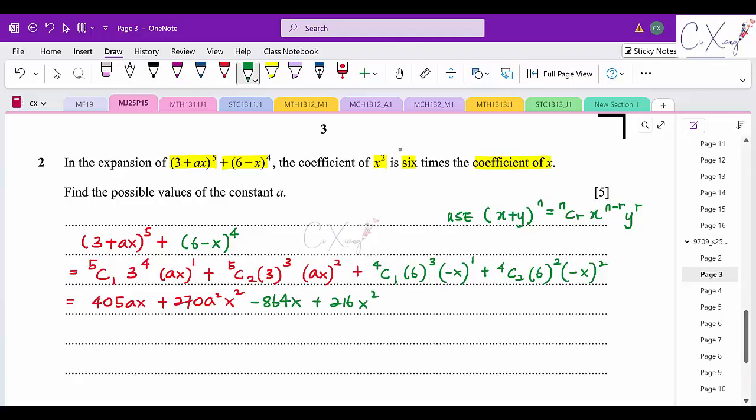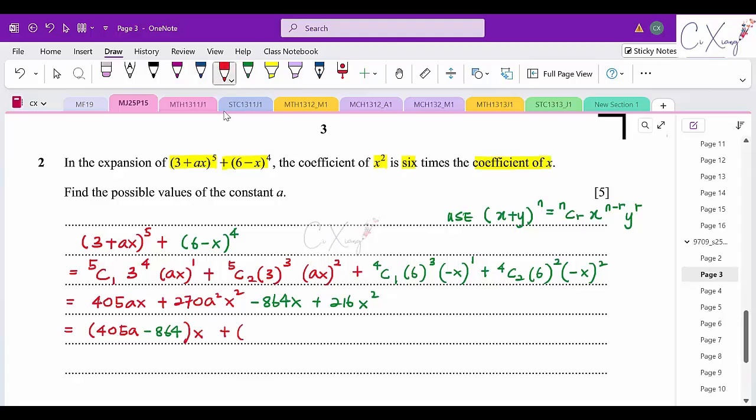Okay, and now, because from the question we know that we want to compare the coefficient of x squared and also the coefficient of x, what we are going to do now is combine the x terms together and the x squared terms together. So I compile the x first. I'm having 405a and also minus 864, times x.